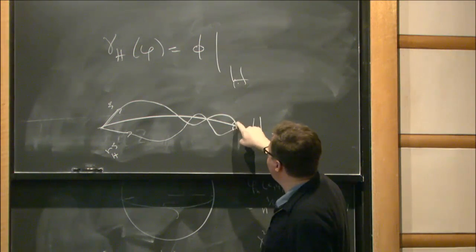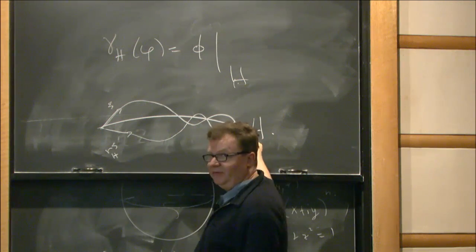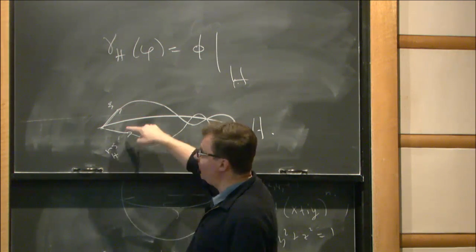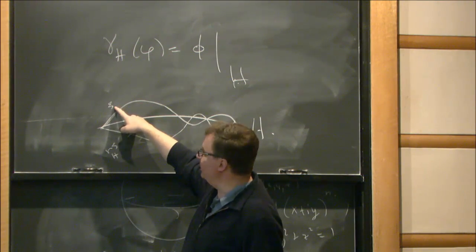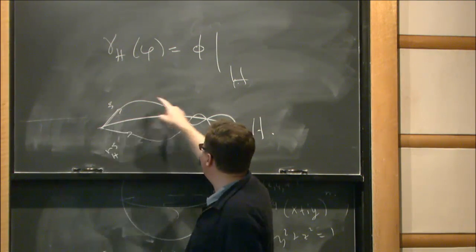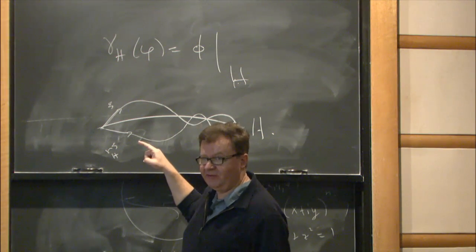You want to look at the vectors for which these angles are different. Okay, so there's no perfect focusing. So the measure of the set for which you have perfect focusing in this sense is 0. That's what asymmetry means.